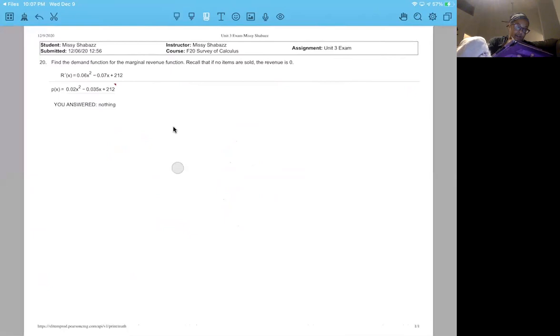All right, next question. Find the demand function for the marginal revenue function. Recall that if no items are sold, the revenue is 0. So they tell me that R(0) equals 0 so that I can find the constant.